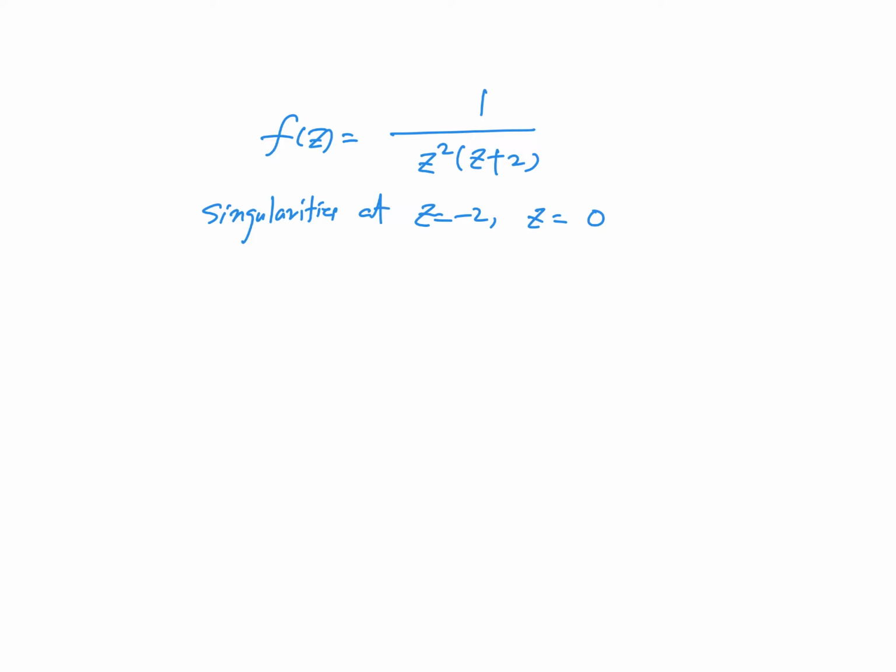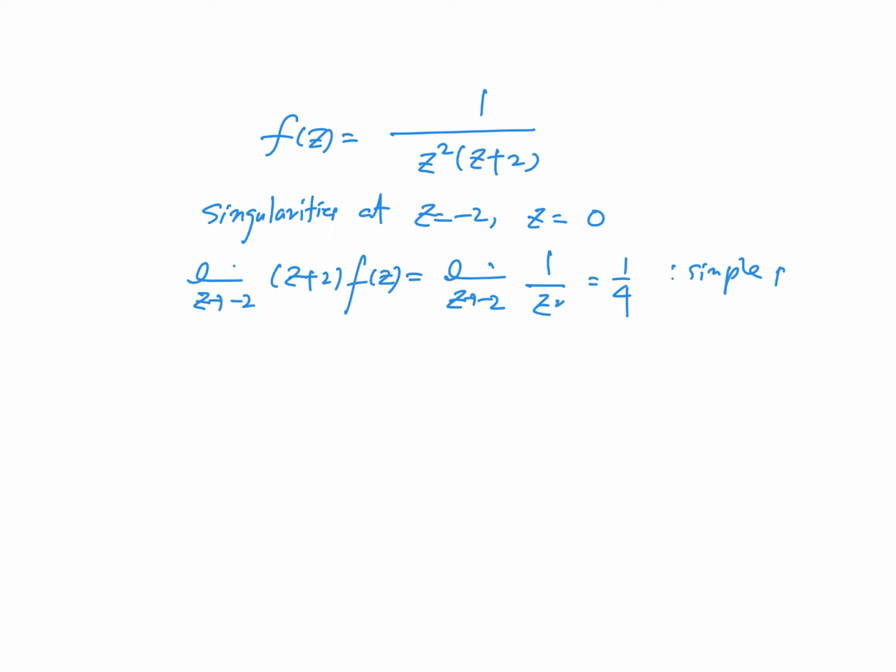So z equal to minus 2 is obviously a simple pole, right? So we can check: (z plus 2) f(z) as z goes to minus 2 is 1 over z squared, which is 1 over 4. So it's a simple pole, right? And that's your residue. The residue of f at minus 2 is 1 over 4.